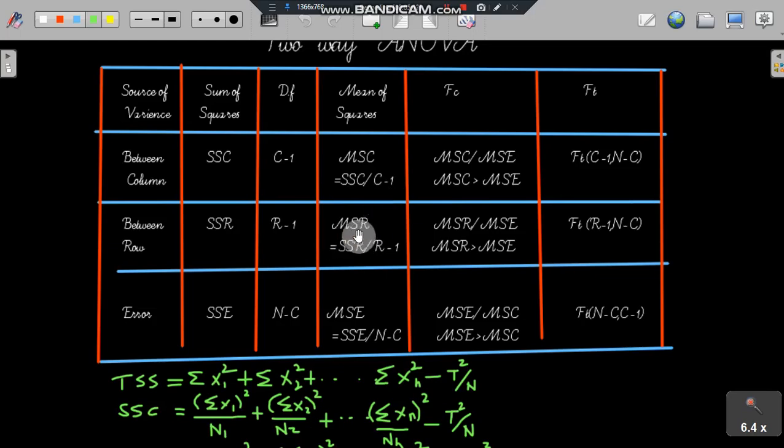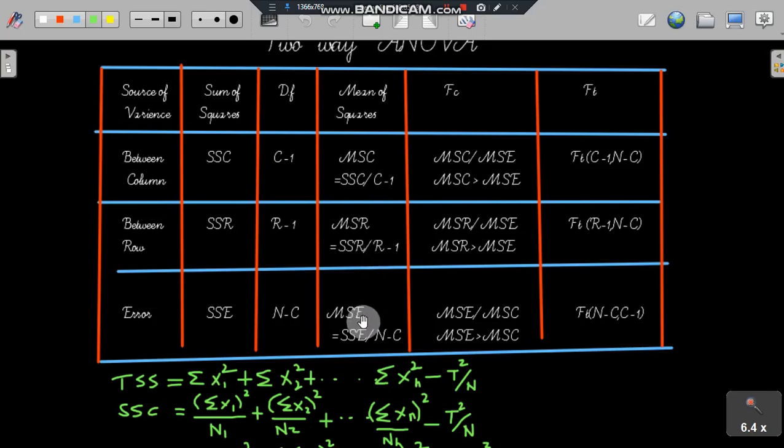Similarly, mean square row wise. The formula is SSR, sum of squares row wise, divided by R minus 1, where R means the number of rows in the given problem.